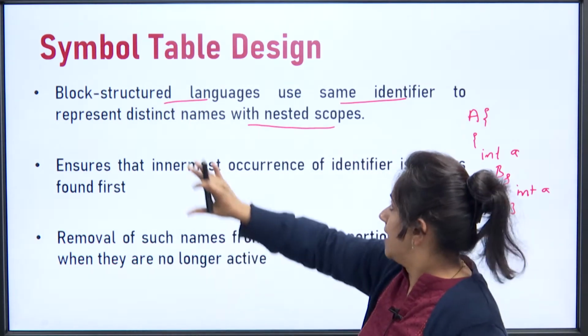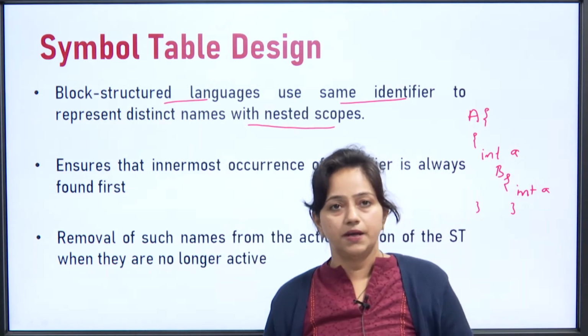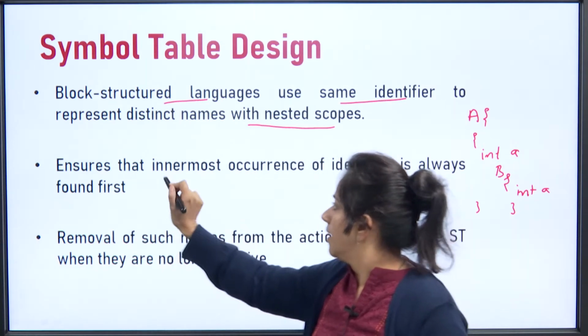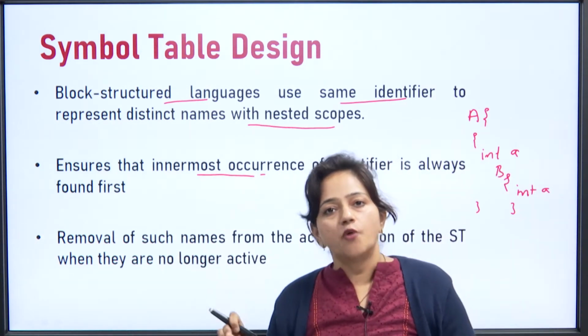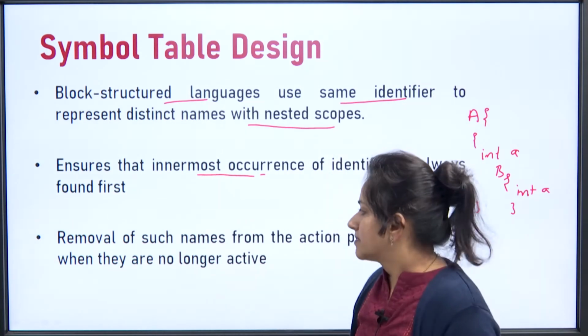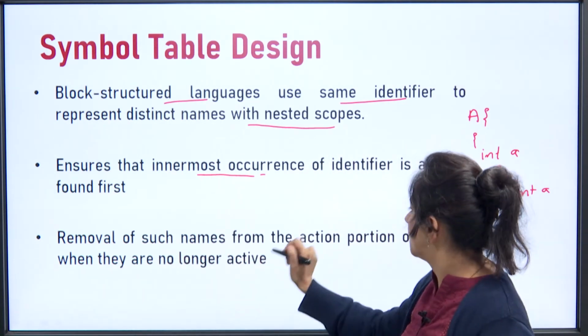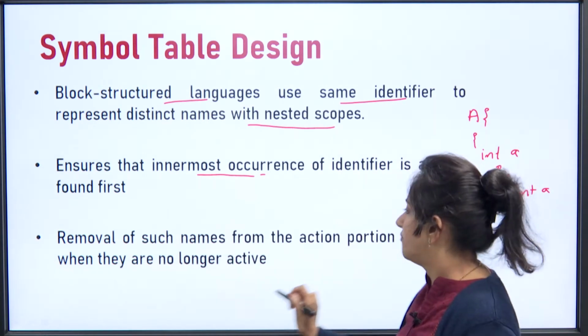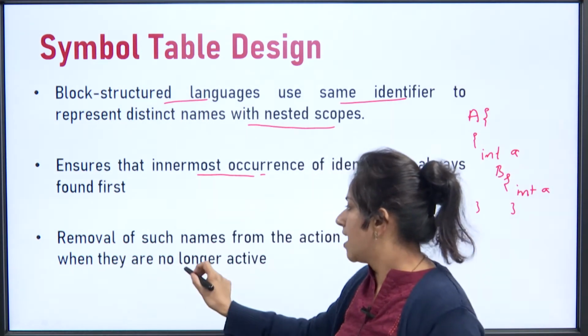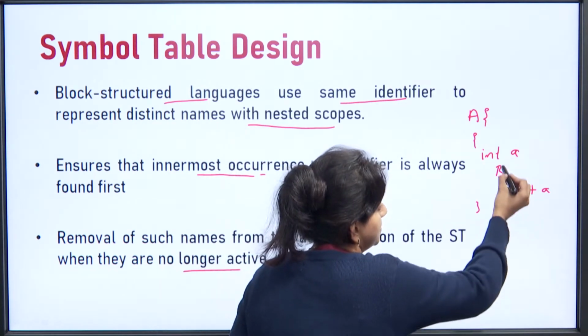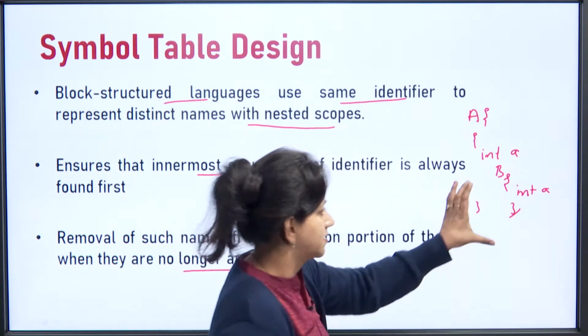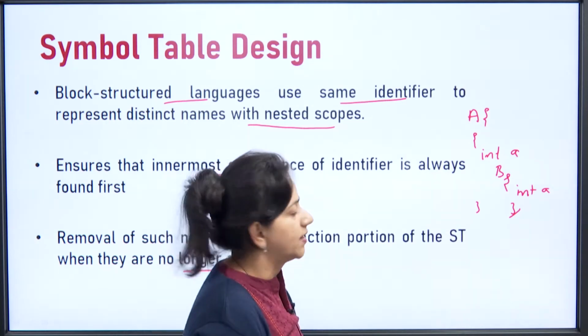So, when we are designing the symbol table, it needs to ensure that the innermost occurrence of an identifier is always found first, right. And next is the removal of such names from the active portion of the symbol table when they are no longer active. So, suppose we have executed this procedure, B has been executed, now this is not active now.